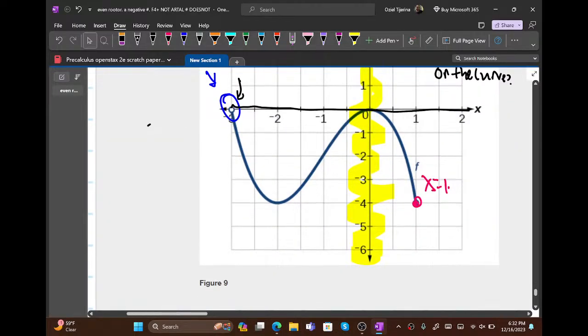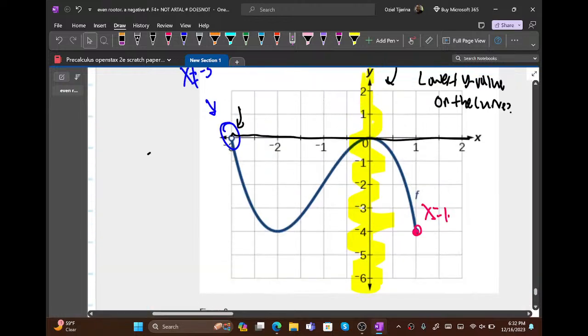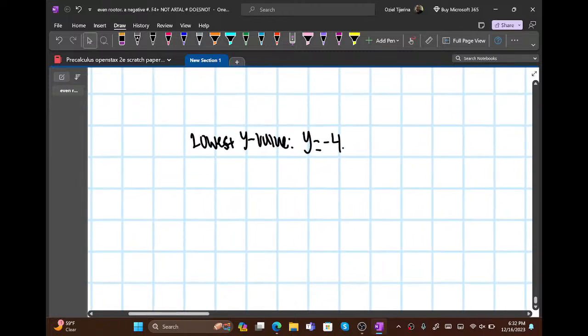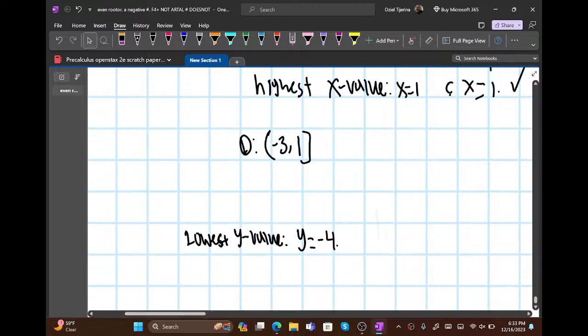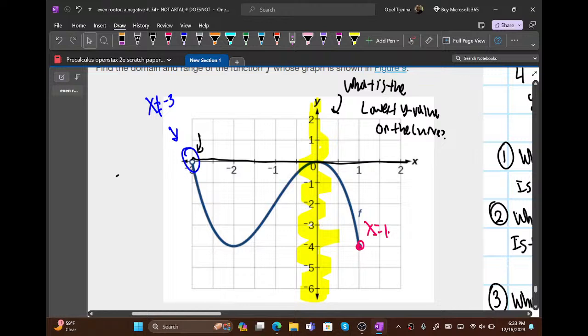This is a little tricky, guys, and I personally have been tricked before by this kind. Here, we know that the lowest y value is at -4, and what I'm actually going to say here is that the highest y value is at y equals 0, because it doesn't go any higher than that in terms of the y-axis.